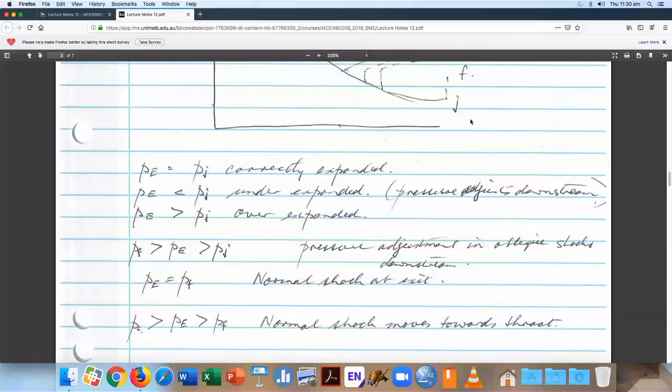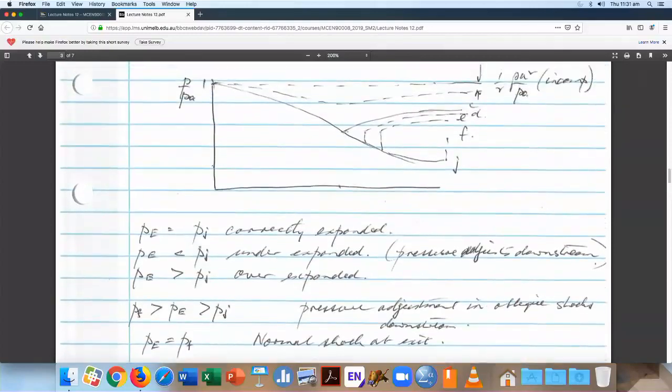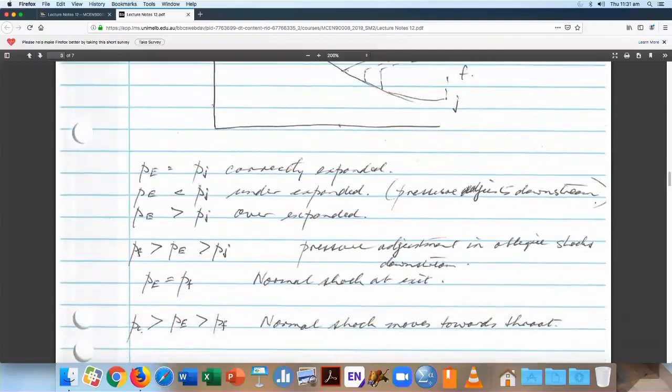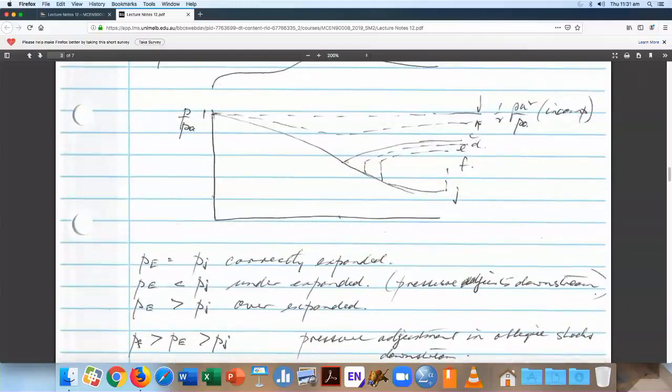And now what happens if the exit pressure is higher than PF but still less than PC? The exit pressure is higher than PF but less than PC. PC, you remember, is right on the cusp of the case where the whole flow is subsonic.